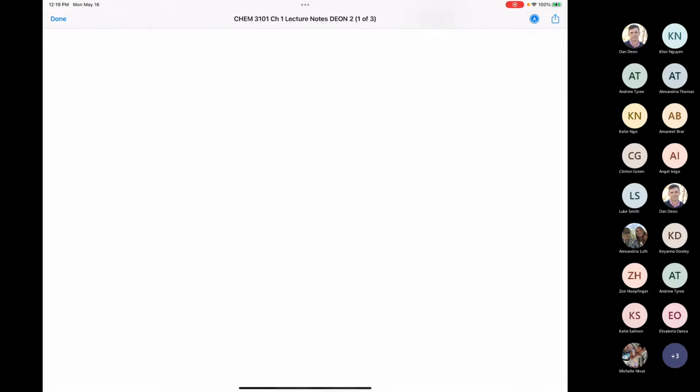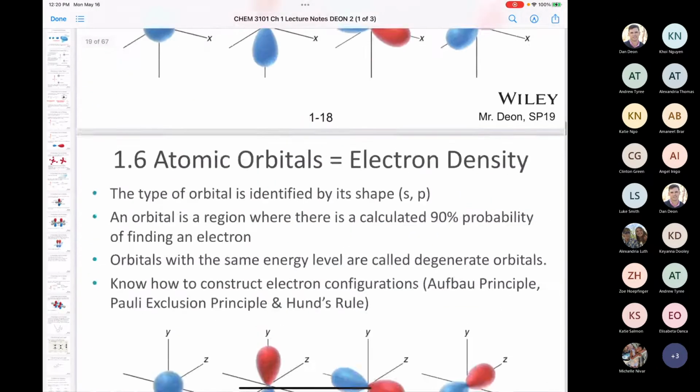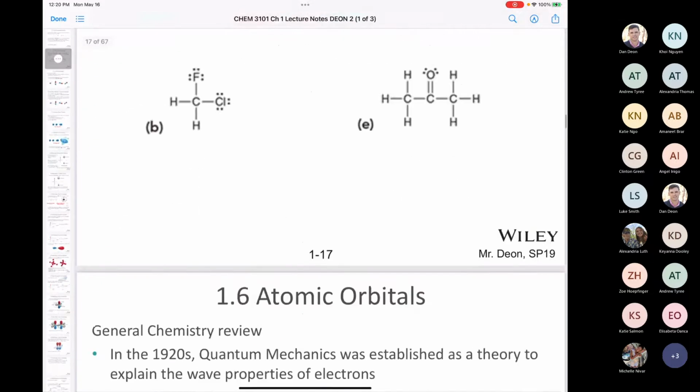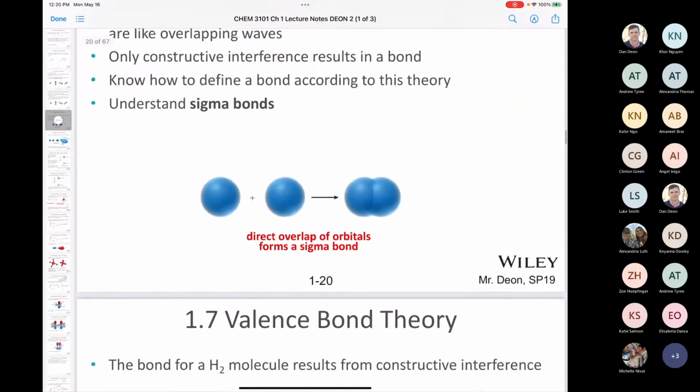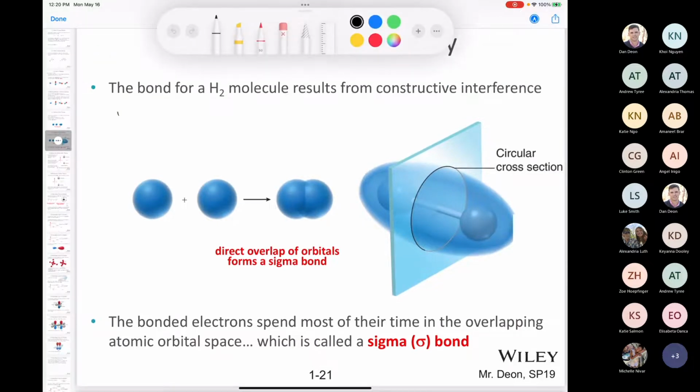If you have a p orbital, and if you have nitrogen like this, we have the sigma bond, and then we have the two pi bonds.